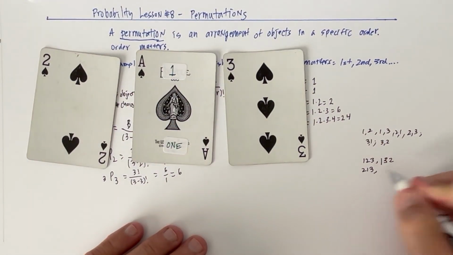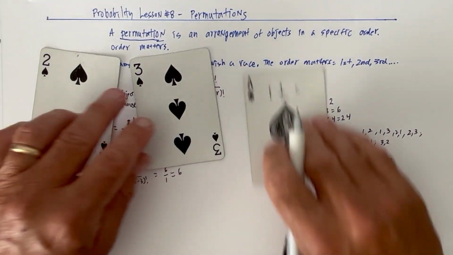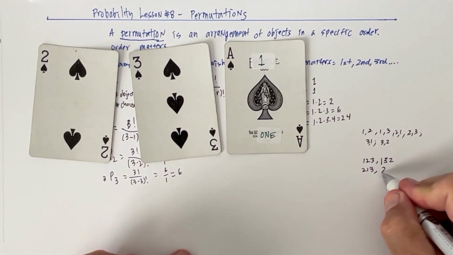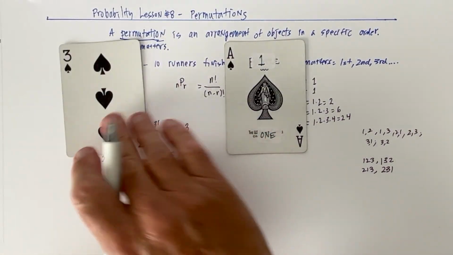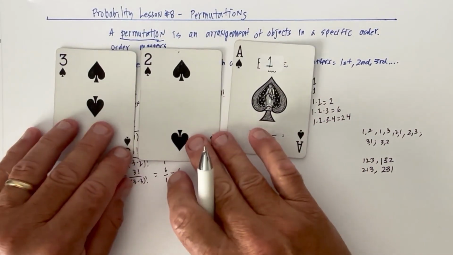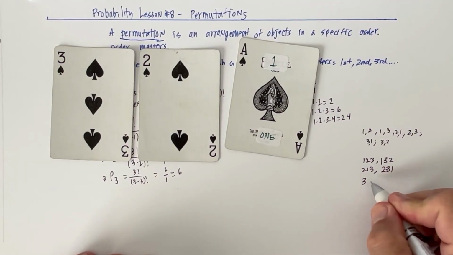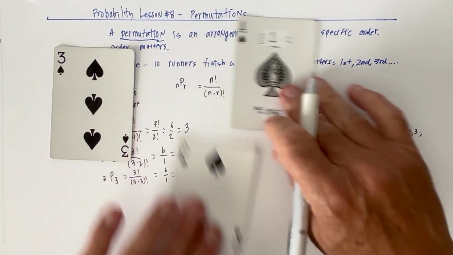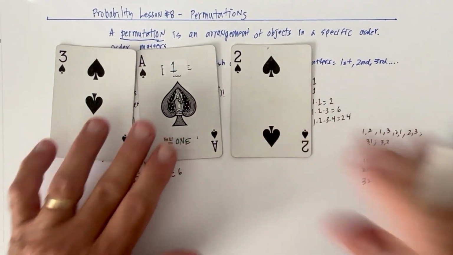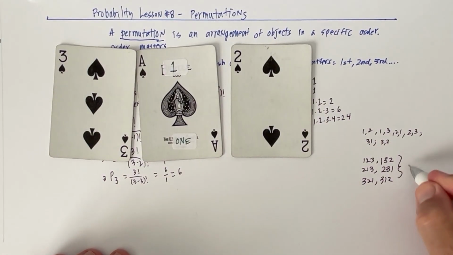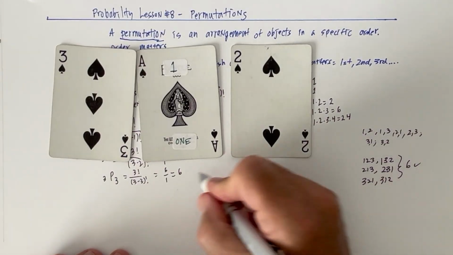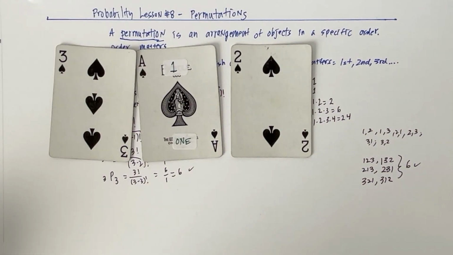Rearrange it like this, and we have 2, 3, 1. Now if we put the 3 in front, we have 3, 2, 1. Rearrange it like this, and we've got 3, 1, 2. So that's equal to 6. So that checks. We had 6 possible ways.